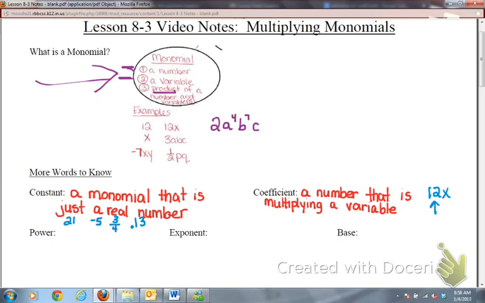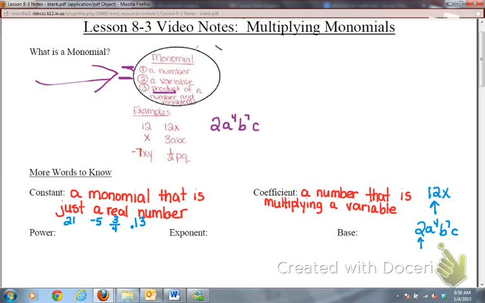A coefficient could also be multiplying a group of variables. For example, in the new one for today, 2a to the 4th, b to the 7th, c, the number 2 is also a coefficient. It's multiplying a to the 4th. So that is also called a coefficient.